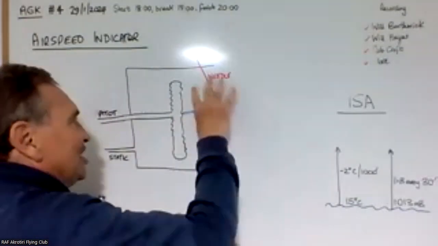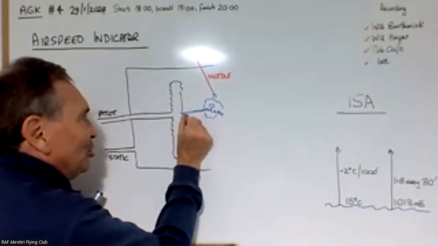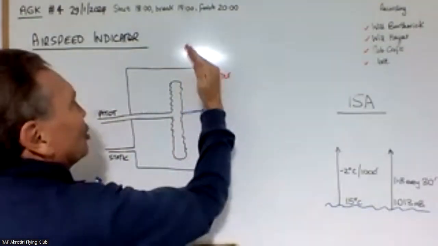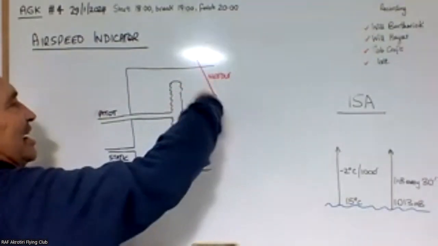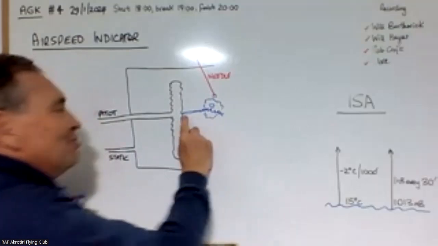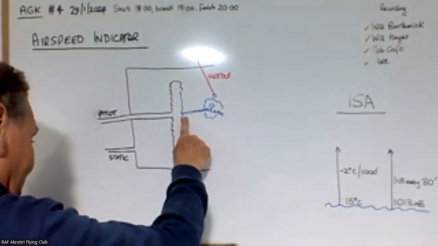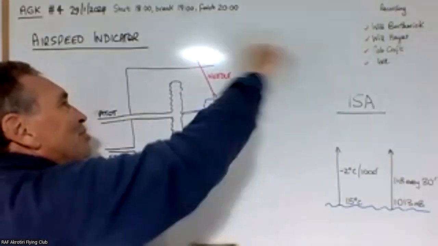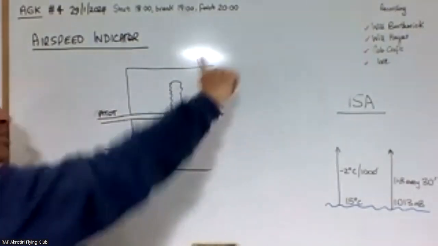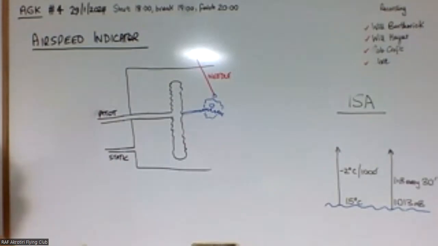So everything is geared so that a tiny bit of movement here creates quite a big movement of this needle here. So this bit's only moving by half a millimeter, but this is actually causing the needle to move all the way round from one end of the dial to the other side of the dial.